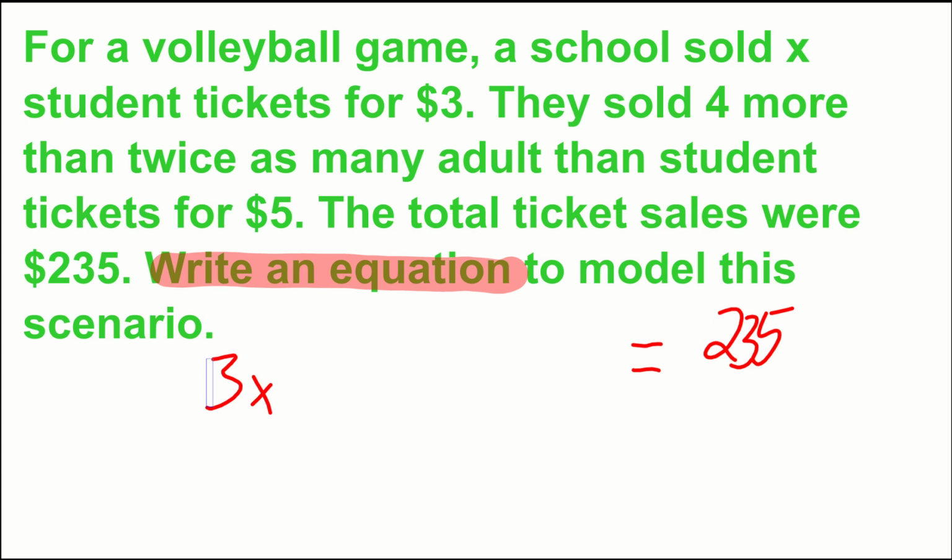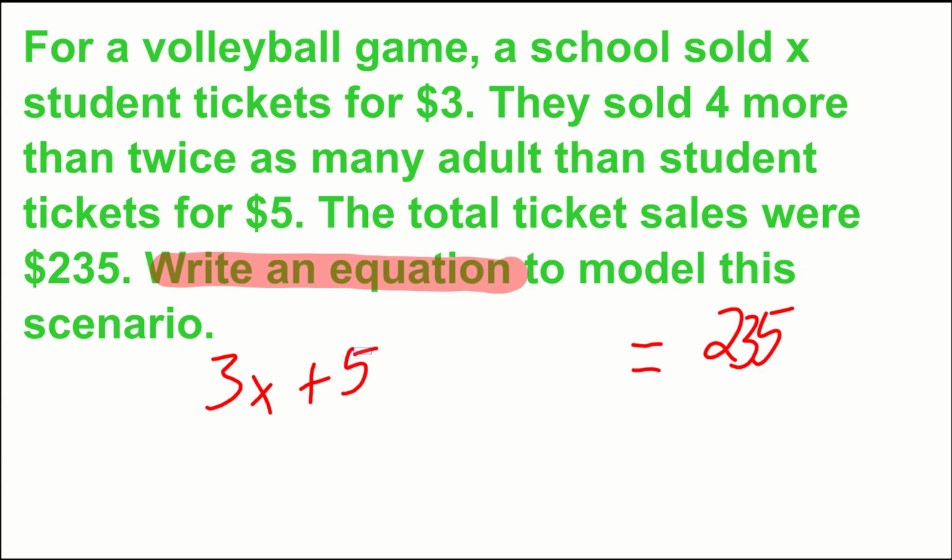All right, that part fairly easy. The adult tickets is where this one gets a little more complicated. Just like we had the $3 for the student ticket, we're going to have $5 for our adult ticket. The difference is on how many adult tickets were sold. What's it say about those? 4 more than twice as many adult than student tickets. So 4 more than twice as many.